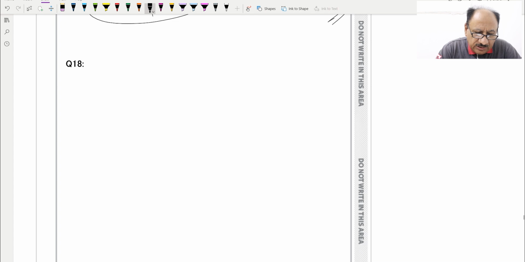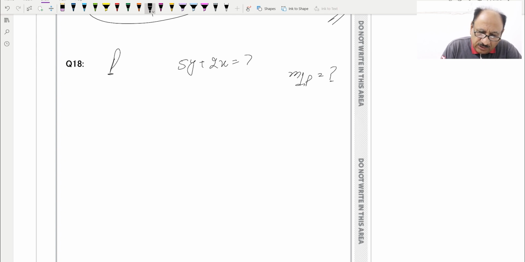And the question number 18 says the straight line P has equation. So line P is having equation 5y plus 2x is equal to 7. Find the gradient of the straight line that is perpendicular. So gradient of perpendicular to P is required. We want to write it in form of y is equal to mx plus c.